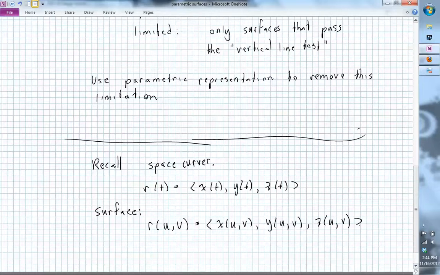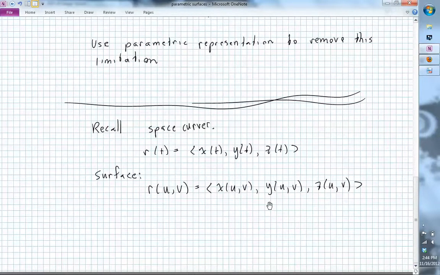And just like the space curve could travel through space and loop around and do all kinds of stuff, and it didn't have to be a function, surfaces are the same way. This kind of representation lets the surface be a sphere, lets it loop back on itself, lets it be a Mobius strip. It can do lots of stuff, much more generally than z equals f of x, y.